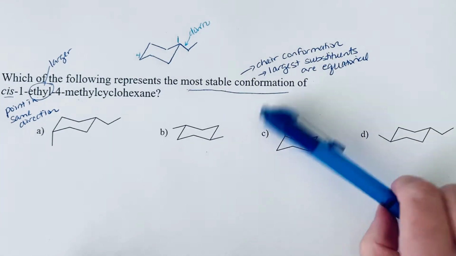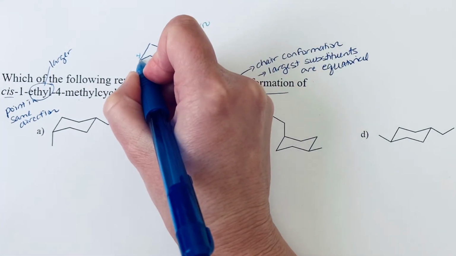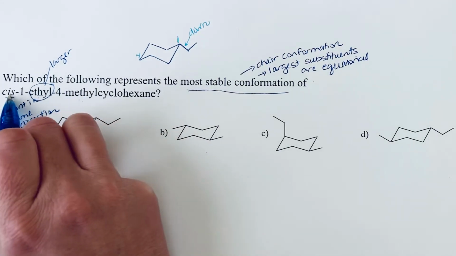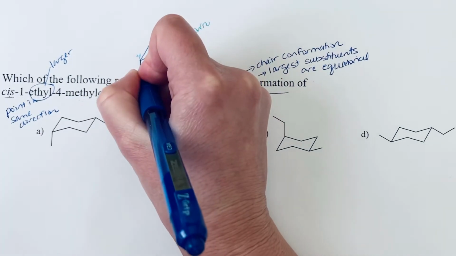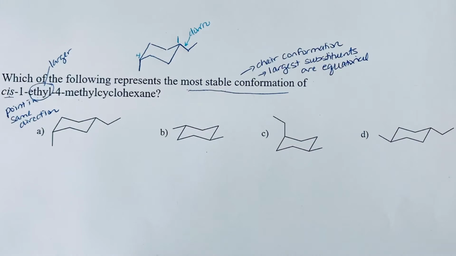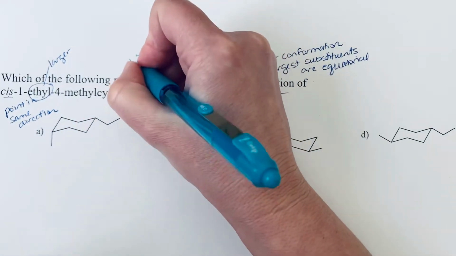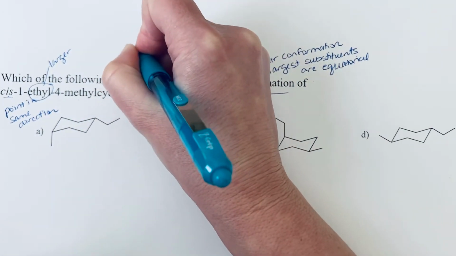So that means the axial position is the down bond here. And so although I'd prefer this to be equatorial, if it's cis, it has to be pointing down. So this is the most stable conformation for this cis-1-ethyl 4-methyl cyclohexane. So this is also pointing down.